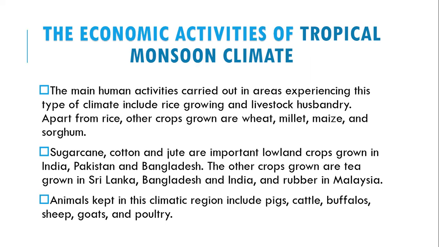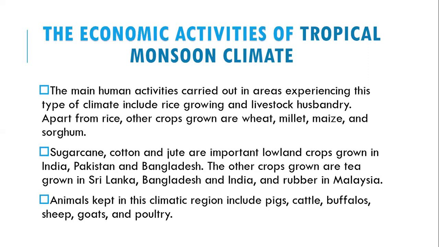The main human activities carried out in areas experiencing this kind of climate include rice growing and livestock husbandry. Apart from rice, other crops grown are wheat, millet, maize, and sorghum. Sugarcane, cotton, and jute are the important lowland crops grown specifically in India, Pakistan, and Bangladesh.